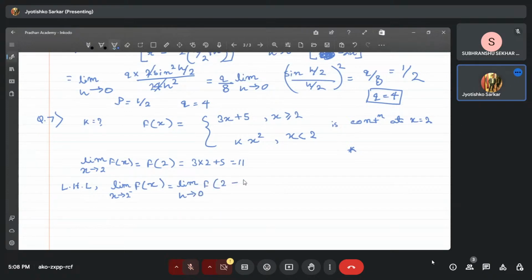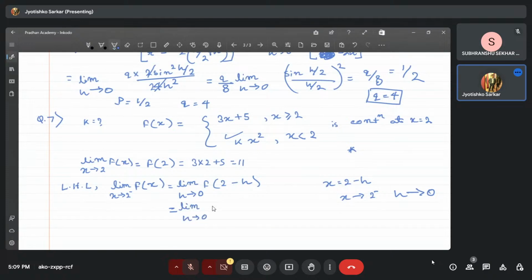We are just considering that x equals 2 minus h, whenever x tends to 2, h will tend to 0. Here we are applying the left hand limit, so all the points which are tending to 2 are on the left hand side. So we will use this value of the function.